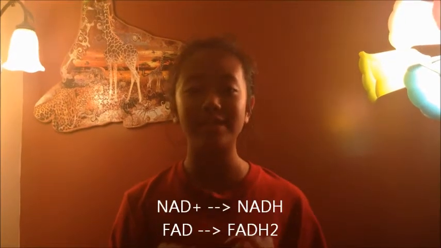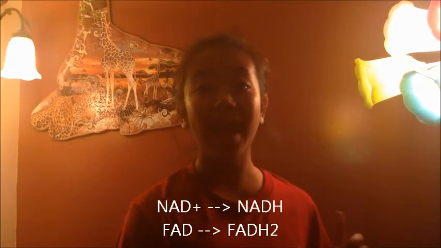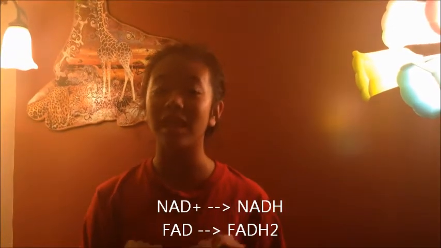NAD+ and FAD pick up hydrogen and energized electrons from each pyruvate, which then changes them. The addition of hydrogen turns NAD+ and FAD into NADH and FADH2.